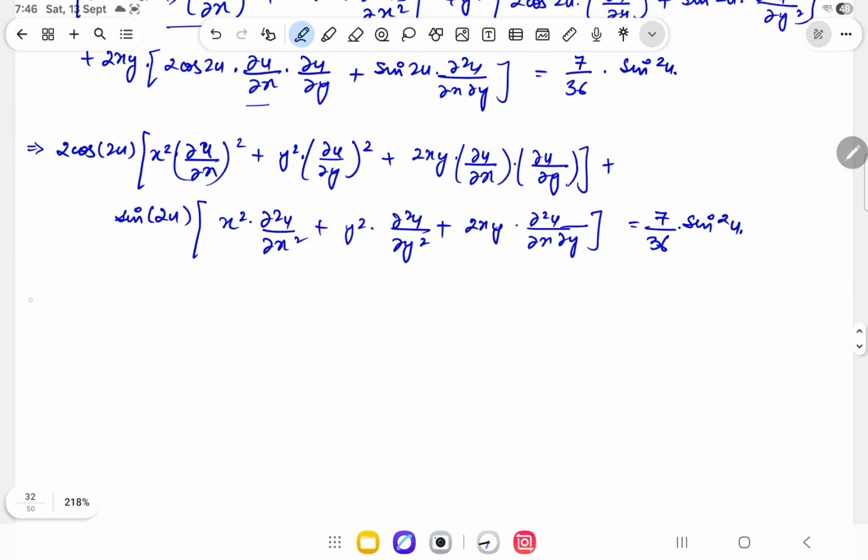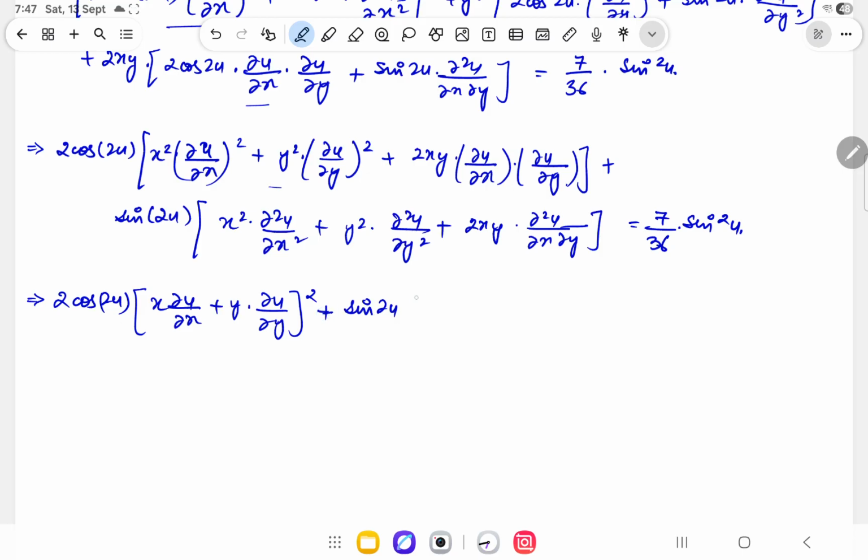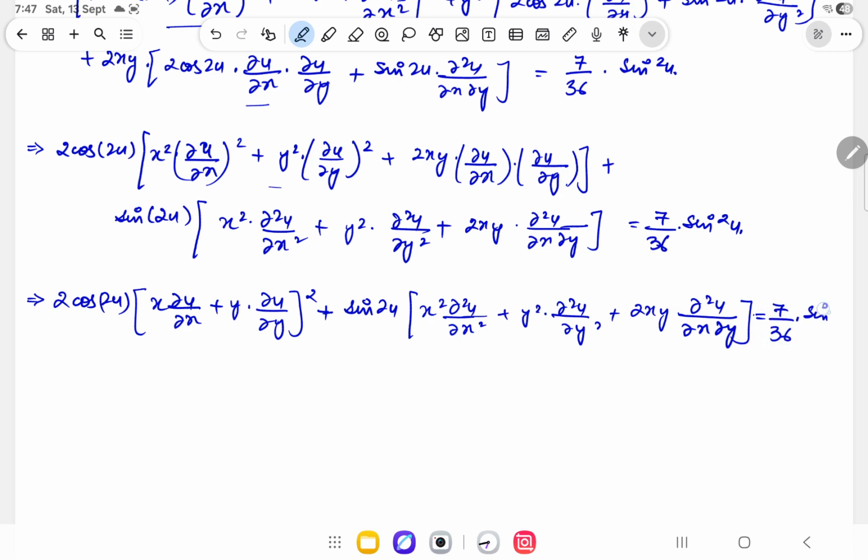So we'll get 2 into cos 2u. So this term is basically the whole square of x del u by del x plus y del u by del y, plus sin 2u into x² del²u by del x² plus y² into del²u by del y² plus 2xy into del²u by del x del y is equal to 7 by 36 into sin²u.